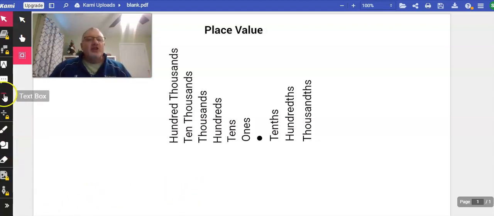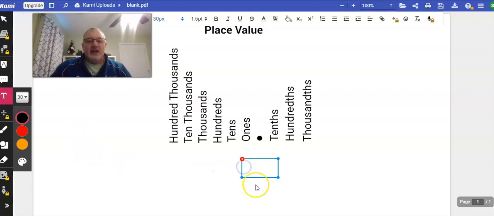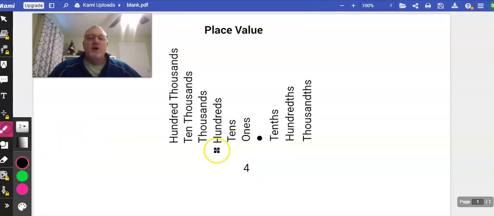So what I like to do to demonstrate this for kids is say, okay, if I have, let's say, a number in the ones place, and so we would say that that is a 4, right? How do I make that 4 move from this place to this place? Okay, how am I going to do that?